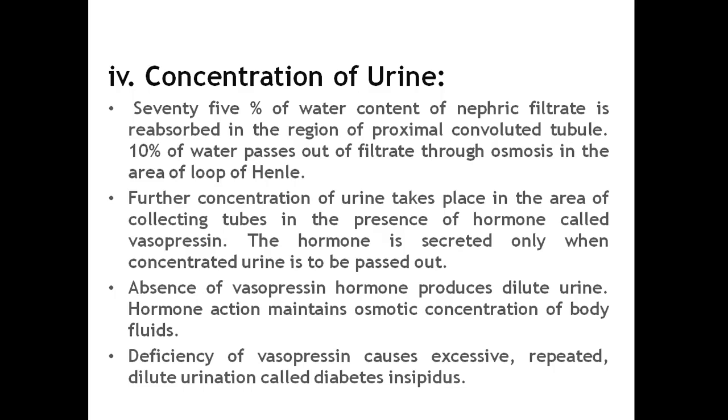The deficiency of vasopressin leads to the disease called diabetes insipidus. The symptoms are excessive, repeated and dilute urination. A person suffering from diabetes insipidus generally passes dilute urine excessively and repeatedly. Okay, and this is not the normal diabetes.